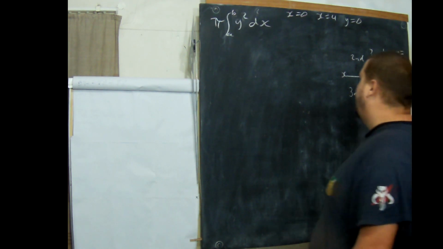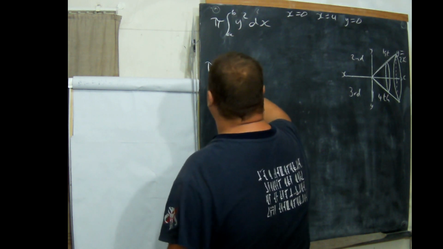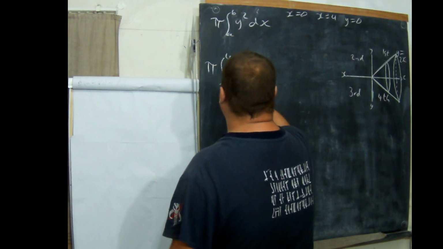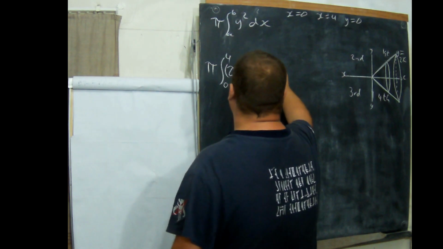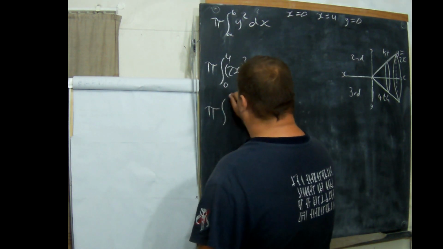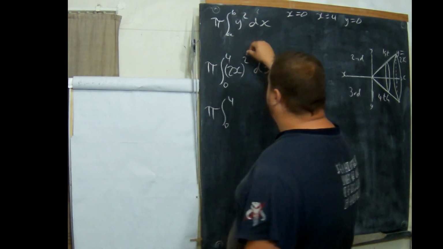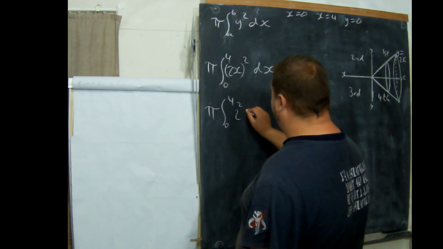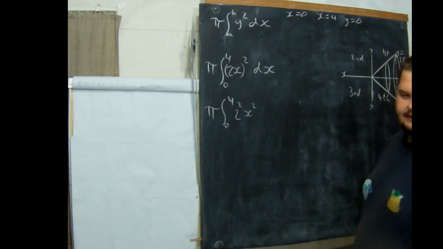Okay. So now V is pi, between 4 and 0, y is 2x, and we're going to square it, dx. So now we have pi, 4 and 0. Now, 2 squared x squared in this particular case.